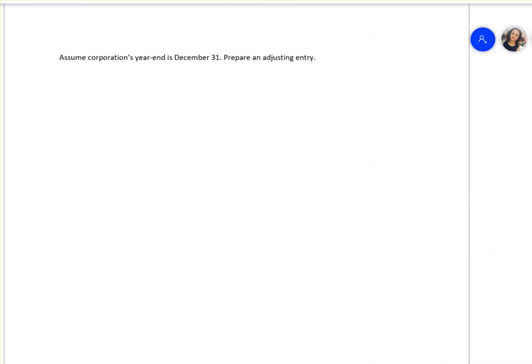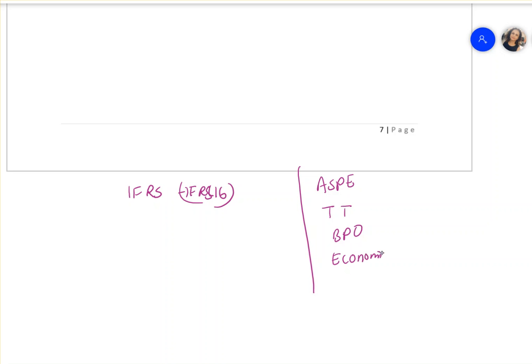Before I go to example 5, I just wanted to refresh it. Under the IFRS, they follow IFRS 16. Under ASPE, the criteria is that you have to test the lease to see if it's an operating lease or a capital lease. If it's a capital lease, you need title transfer, bargain purchase option, the economic life test, then you have a recovery test. You have to do all these tests, but only one test has to be yes.